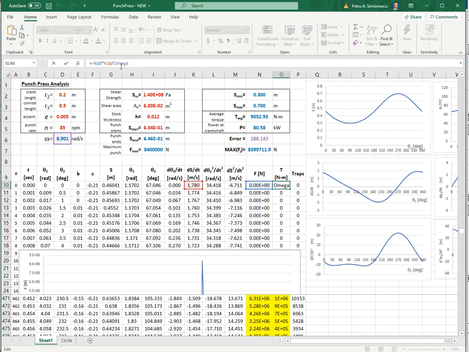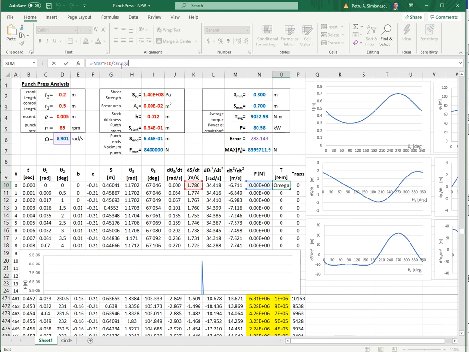You can write it as, so the principle of virtual work has an equivalent which is called principle of virtual power, and you just take torque times omega equals force times velocity of the punch. Torque times omega, that is angular velocity of the crank, equals force at the punch times ds over dt, that is velocity of the punch.